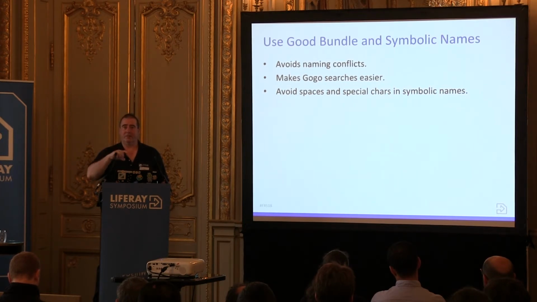Well, you can do lb and pipe and grep on a string. So if you're really good about your symbolic names and bundle names, you can grep on something that makes sense.